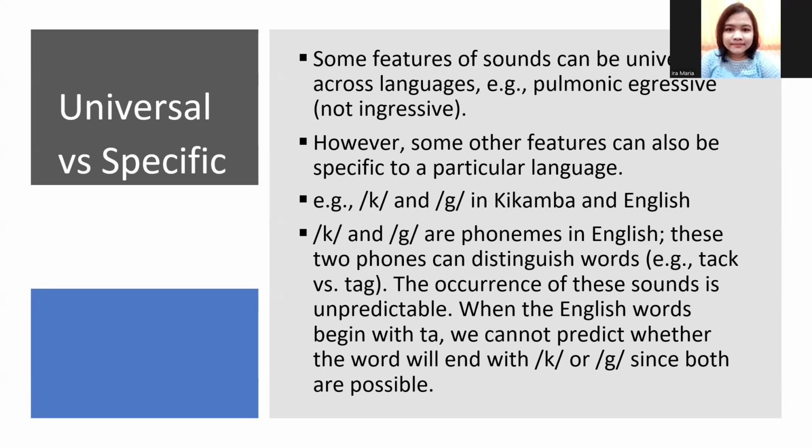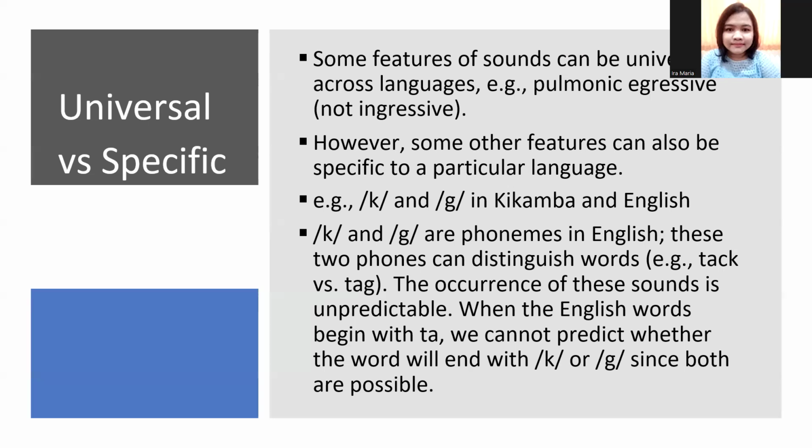Specifically, egressive means that the airflow is expelled from the vocal tract. So you push the air from your vocal tract when you are producing the sounds. Pulmonic egressive sounds are produced by pushing air out from your lungs through your vocal tract to create speech sounds.